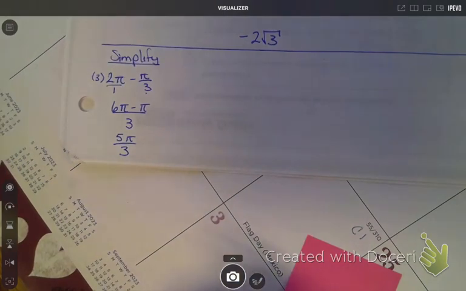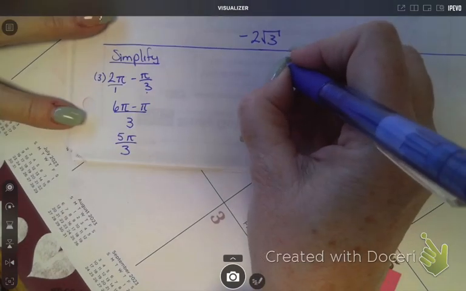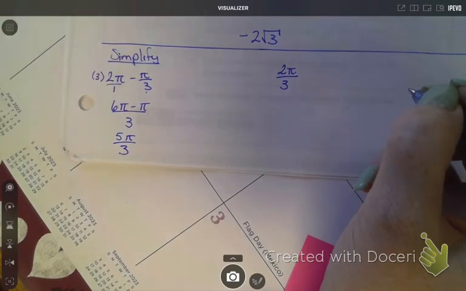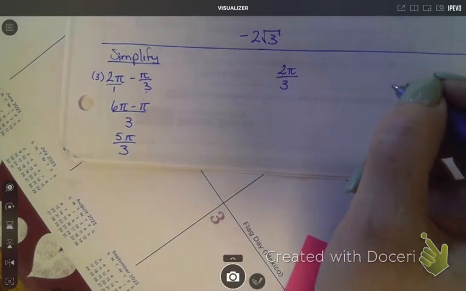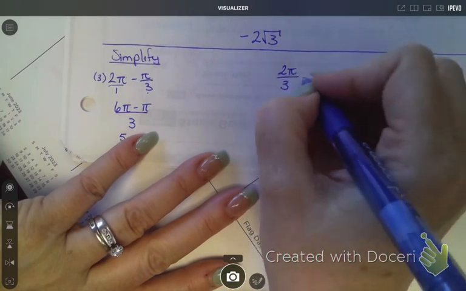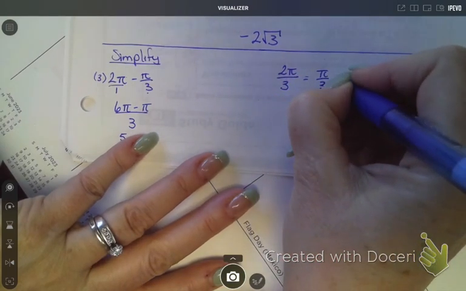And then it will ask you, if I have 2 pi over 3, to give me, like it says, a sum or difference involving pi. So I have to have pi in there, so I have to take this apart. So a sum would be like pi over 3 plus pi over 3.